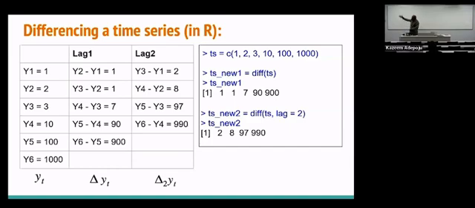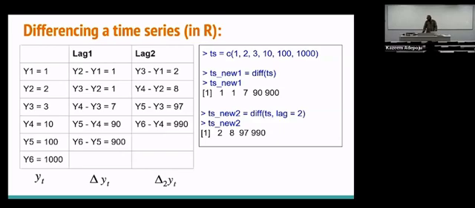So you can see that at lag 2 now, we got 2, 89, 7, 990 that we have here. Of course, you know how to difference, whether using the manual way or going by R. That makes sense, right?